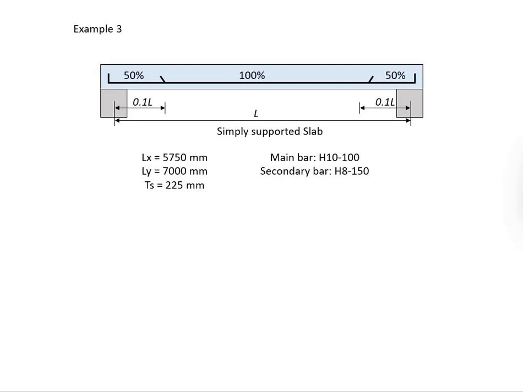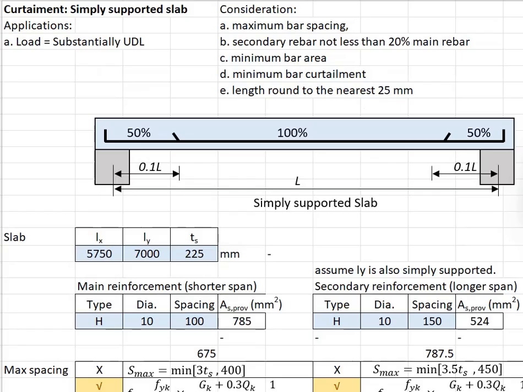Assuming this slab is heavily loaded and the effective span is relatively large, through the calculations, you need the reinforcement to be more heavily reinforced. Let's say now your initial proposal for the reinforcement is H10 100 for the main bar and H8 150 for the secondary bar. Now we will look into the solution.